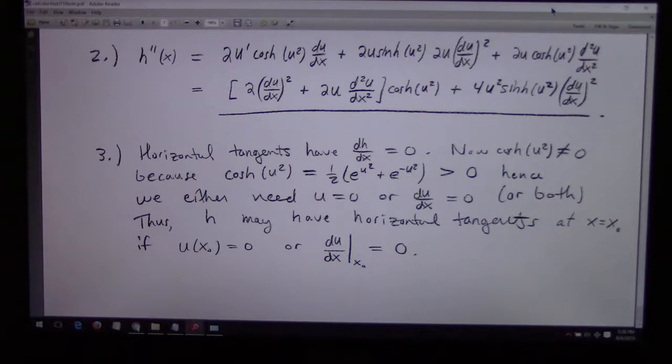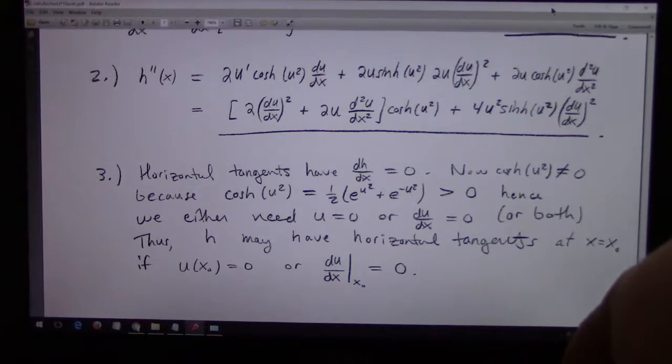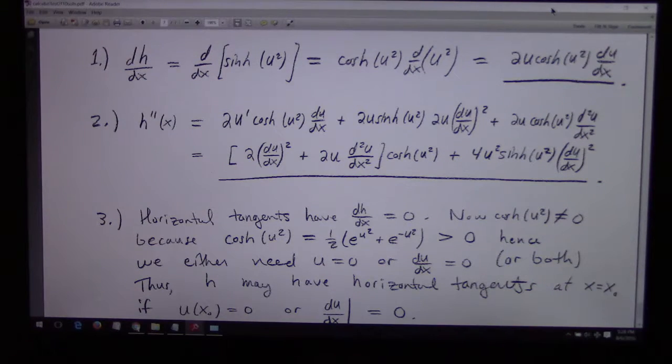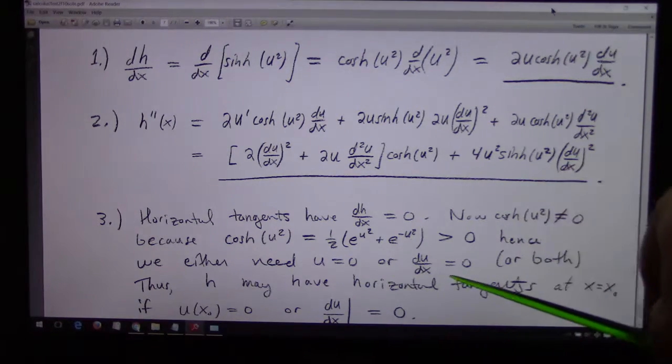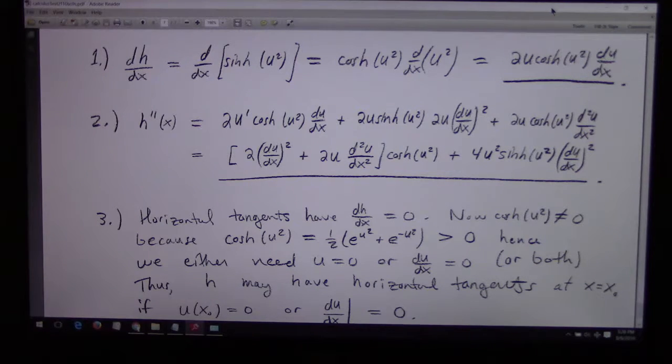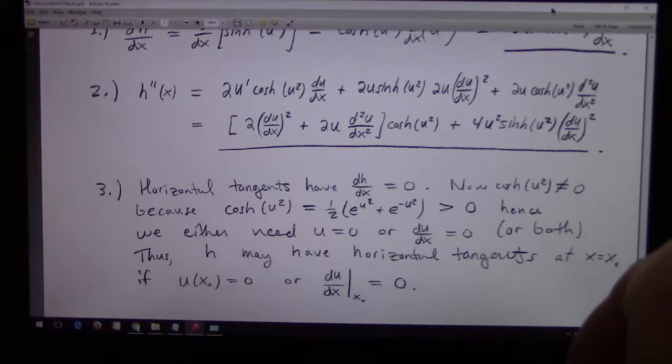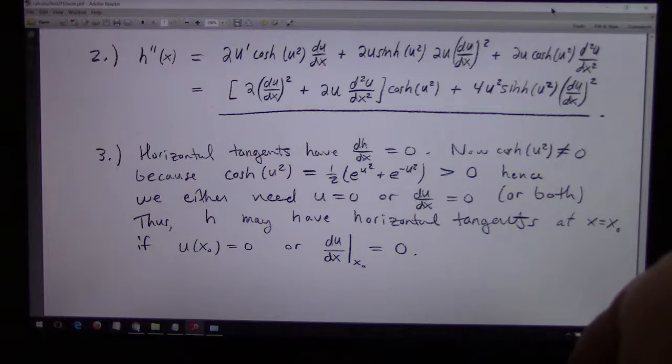If you look at the formula for h prime, back up here, we have u cosh of u squared du/dx. So cosh of u squared is never 0. So in order for this to be 0, either u equals 0 or du/dx equals 0, or both, of course. That's where you'd find horizontal tangents, and that's the answer, because that's all you can do with the information which is given.